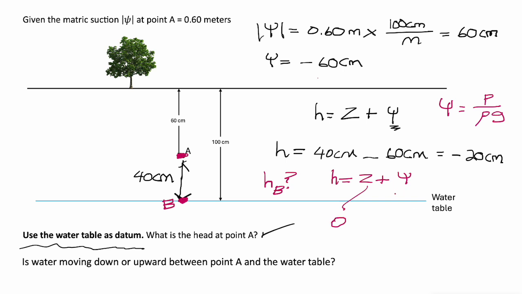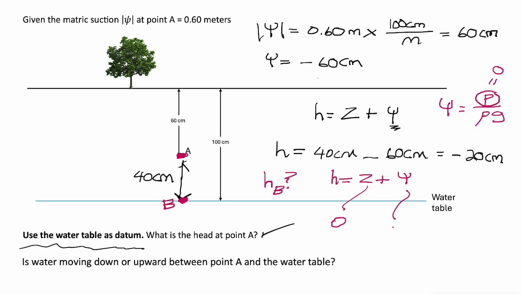And what is psi on the water table? Well, we have to calculate it, but it's a really easy calculation because along the water table, by definition, the pressure here is equal to 0. And so if the pressure at the water table is 0, then psi will always be 0. The metric potential at the water table will always be 0.